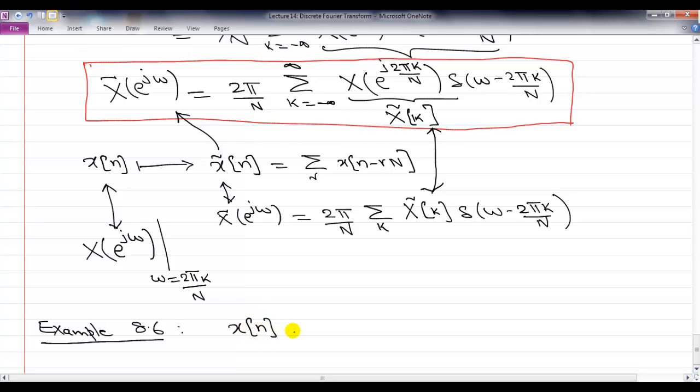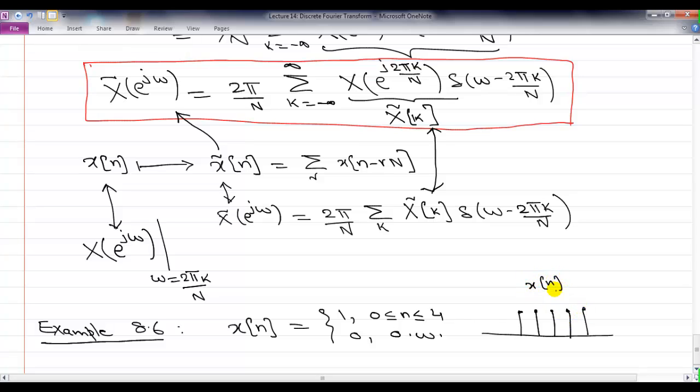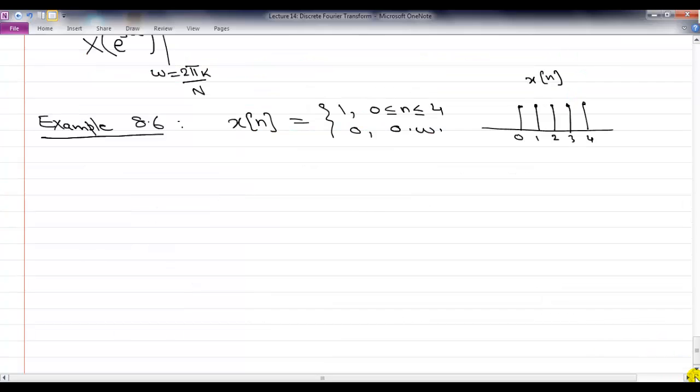That says that x[n] is 1 for 0 less than or equal to n less than or equal to 4 and 0 otherwise. This is just this rectangular pulse. So x[n] is simply this thing, 0, 1, 2, 3, 4. Okay.